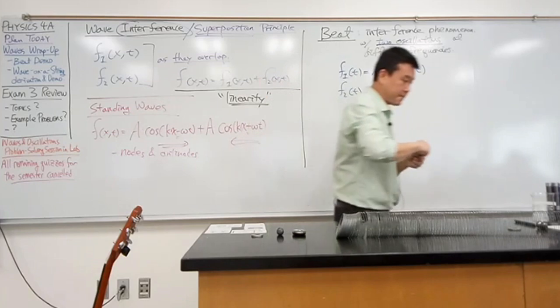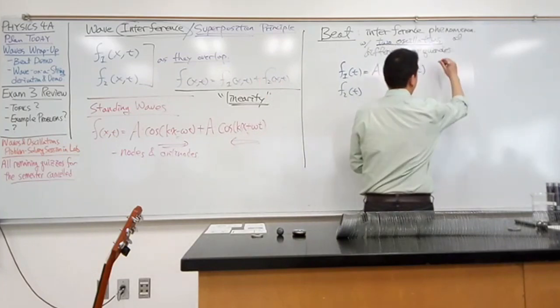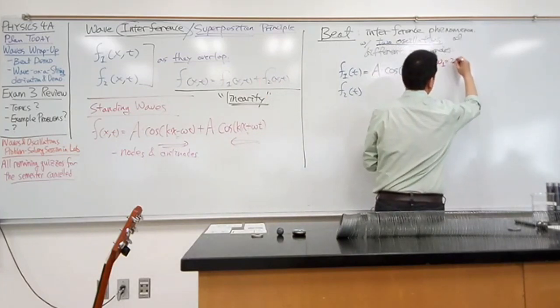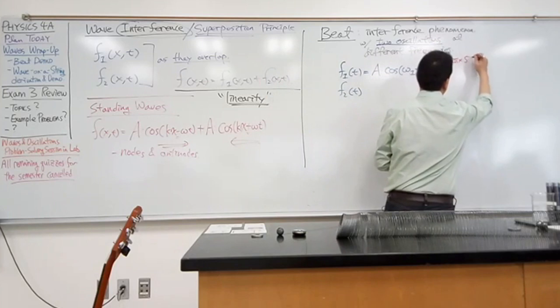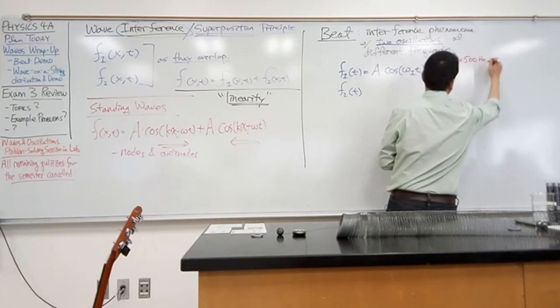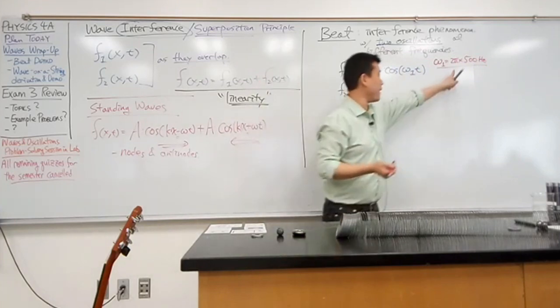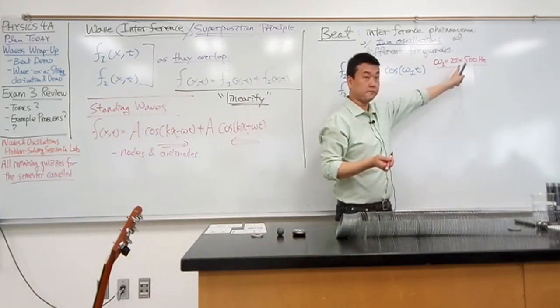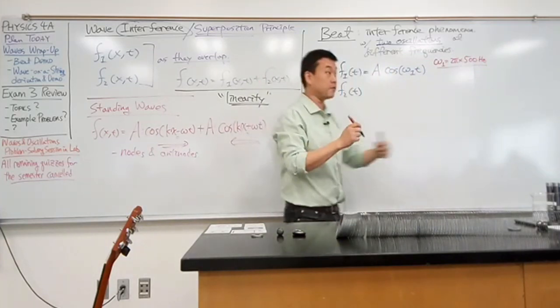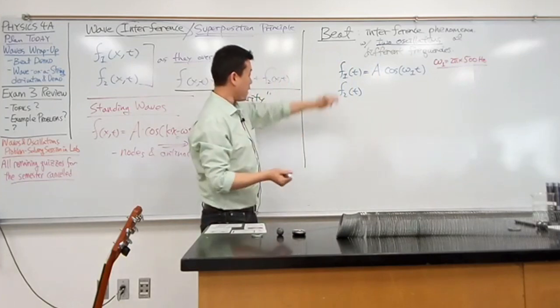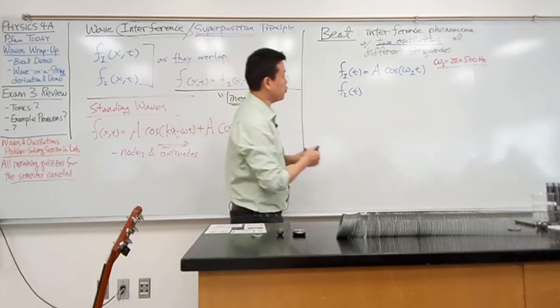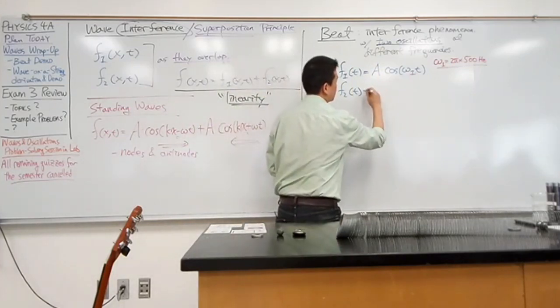In the example we are using, omega 1 would be 2 pi times 500 hertz. Everyone understand why I have this 2 pi here? Yes, angular frequency versus frequency.